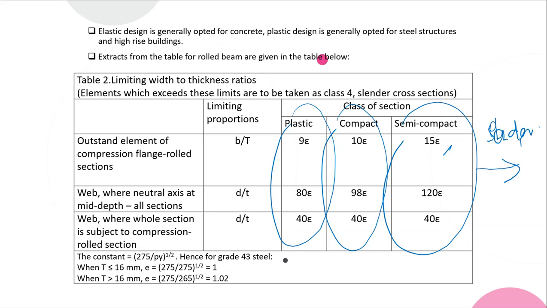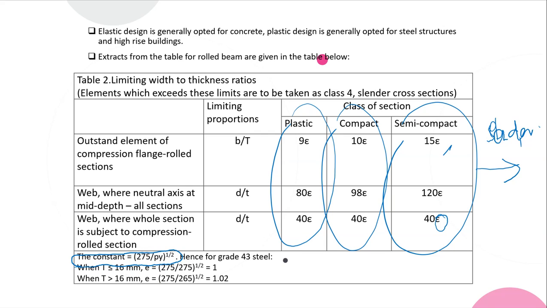Okay, dah keluar daripada section 15E, 20E, 40E ni. E ni constant sebenarnya, dia tak ada nama, kita panggil dia constant lah, dia bukan elastic. E tu bukan elasticity, ini adalah constant lah, senang kita panggil dia constant. Okay, nampak ni constant. Constant ni apa? Dia ada 275 divide by PY.